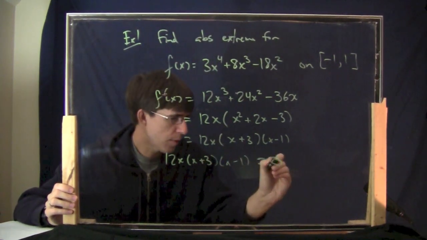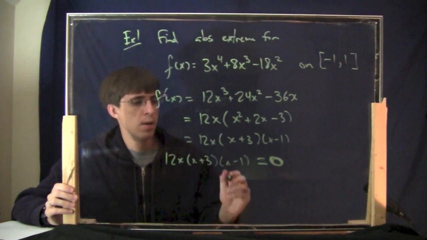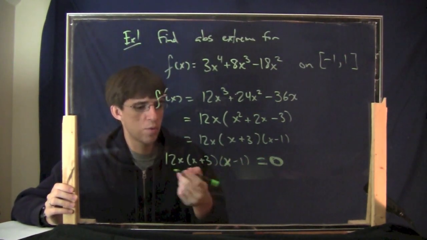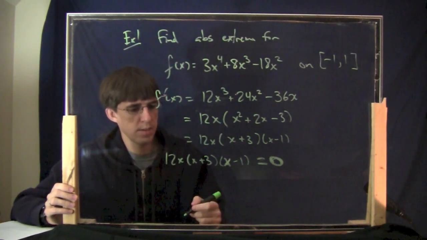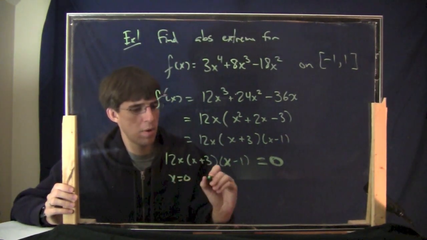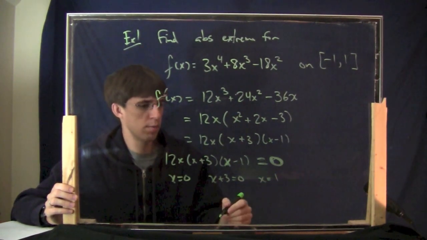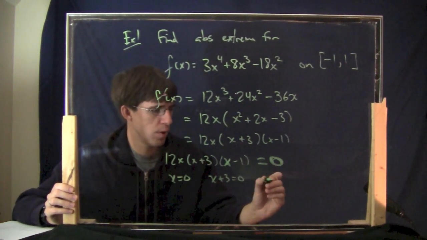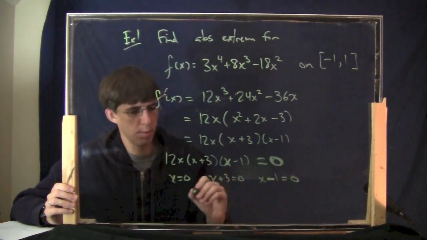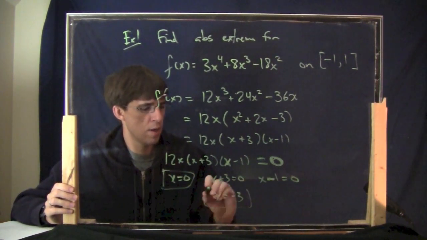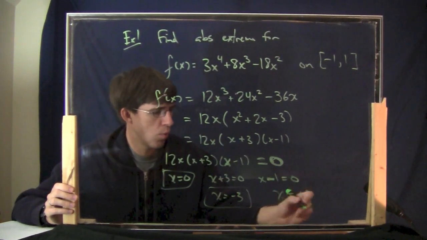You can get rid of the 12 if you want, because it's a 0 on that side. That means x equals 0, x plus 3 equals 0, and x minus 1 equals 0, which amounts to x equals 1. So x equals 0 is a critical number, also x equals minus 3, and also x equals 1.